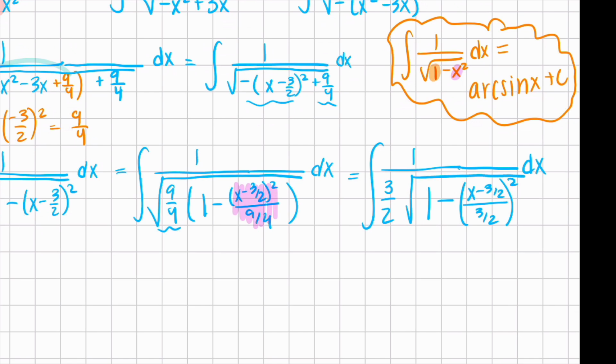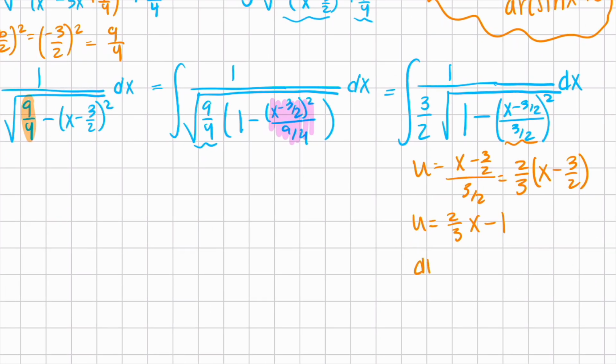All right, okay, at this step, I'm ready to do my u sub. We're going to make u equal to my expression that's squared. But let's make this a little bit nicer. Dividing by 3/2 is the same thing as multiplying by 2/3. Distribute the 2/3, and we get u is 2/3 x minus 1.